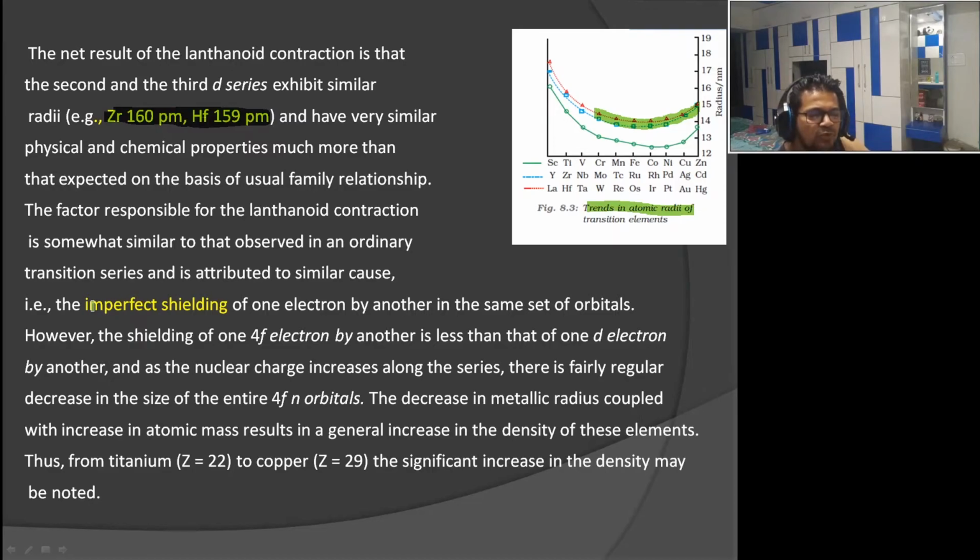So because of poor shielding, the orbitals get contracted. So with respect to the d block, if a question comes, scandium to zinc, what is the trend? It decreases till chromium, and from chromium it remains almost the same, or there is a very small change with respect to the atomic size. The reason is the poor shielding of their d orbitals. Alright, that's one.